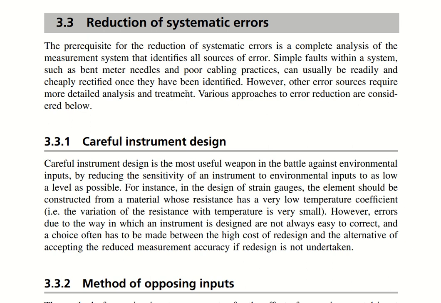So you first need to identify them, but there are some other error sources which require more detailed analysis and treatment, and different approaches to error reduction are considered, which are being discussed now.